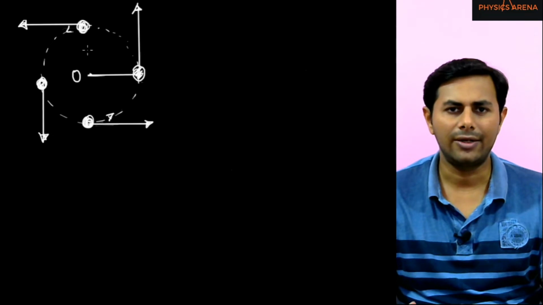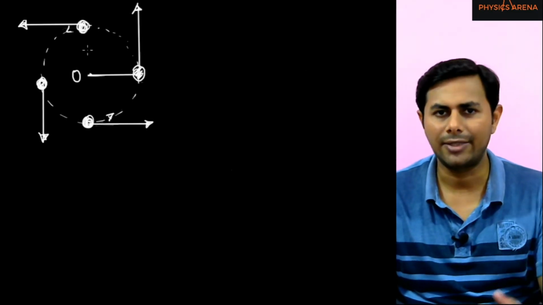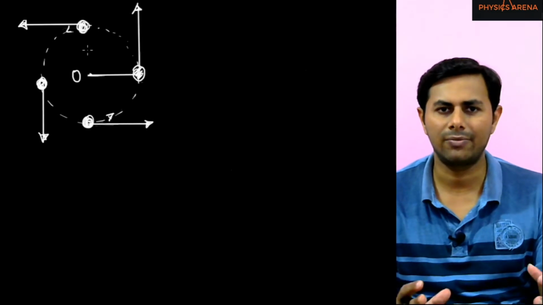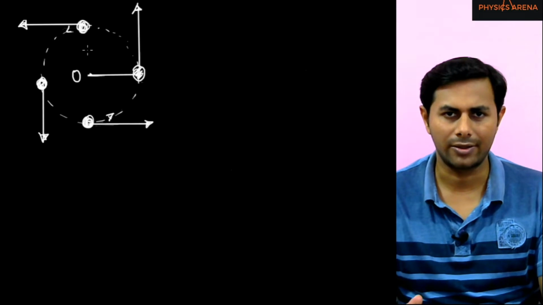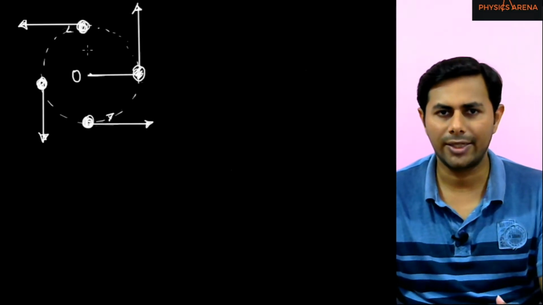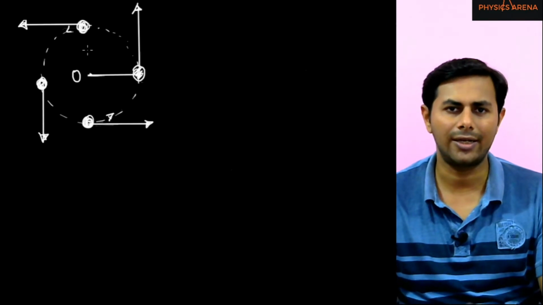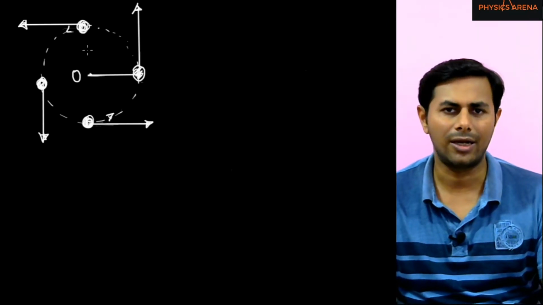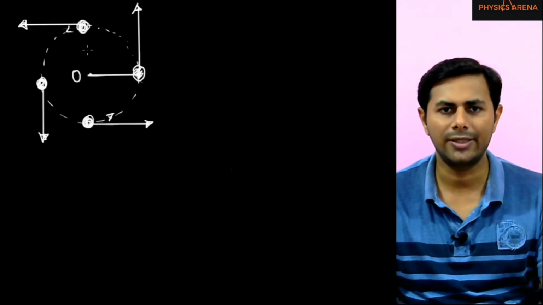So we see that there is always a change in direction of velocity, and that's why we say that there is some acceleration acting on an object performing circular motion. The acceleration is called centripetal acceleration because it is directed along the radius of the circle and toward the center. So centripetal means along the radius and toward the center.